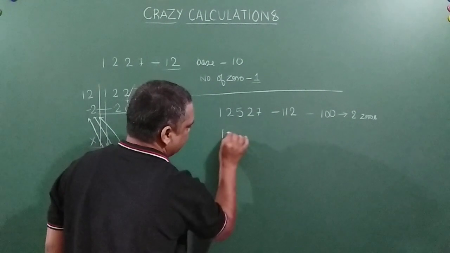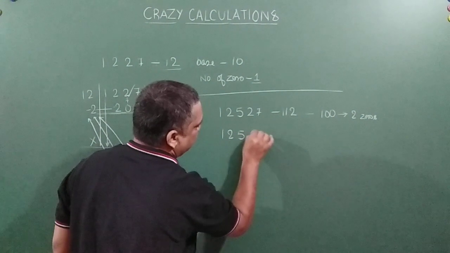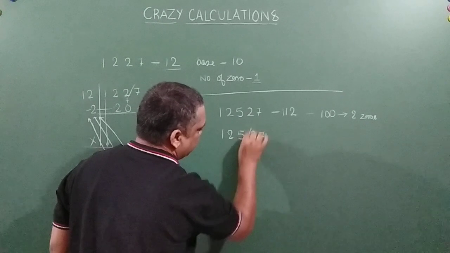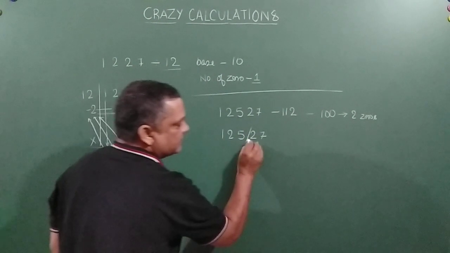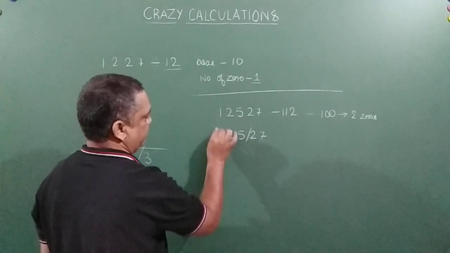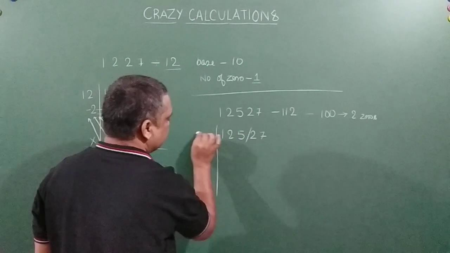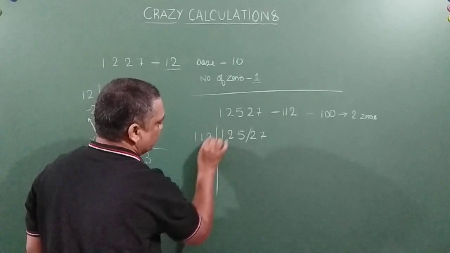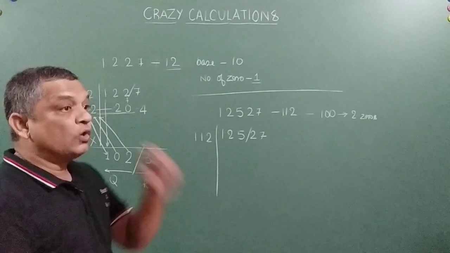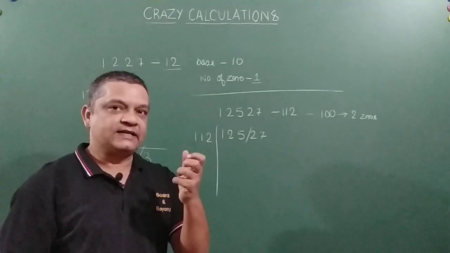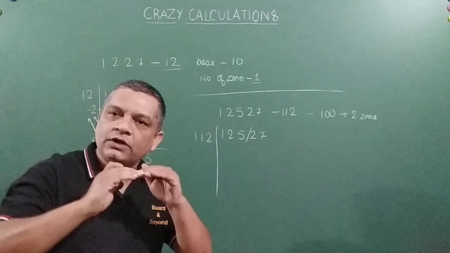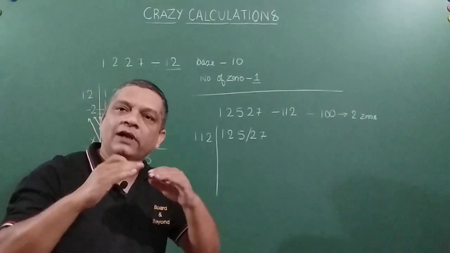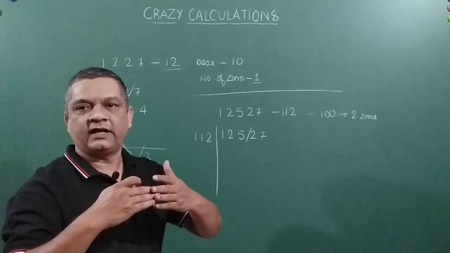Okay, let's do that. 1, 2, 5, 2, 7. Put an oblique line here, a slash here. So these 2 digits are for the remainder. Reproducing that, 1, 1, 2. Okay, the only thing you need to understand here is 112 is closer to the base 100 but 12 more than the base, right?